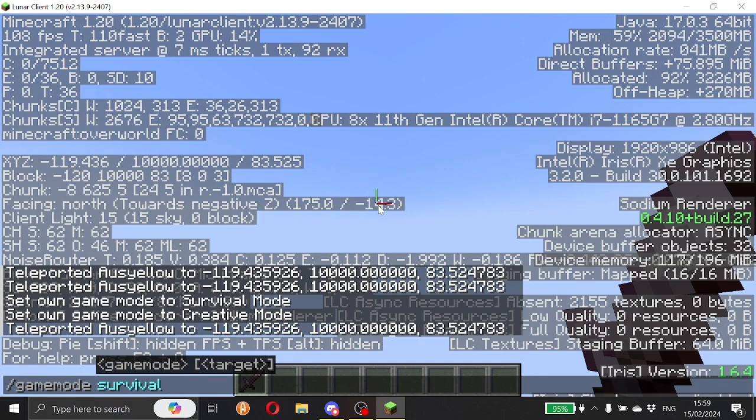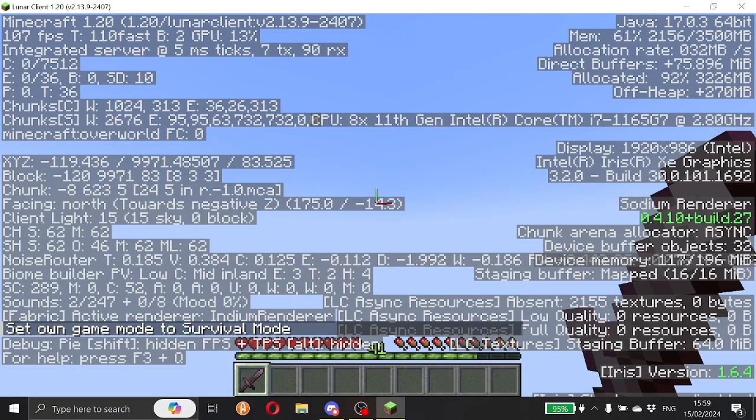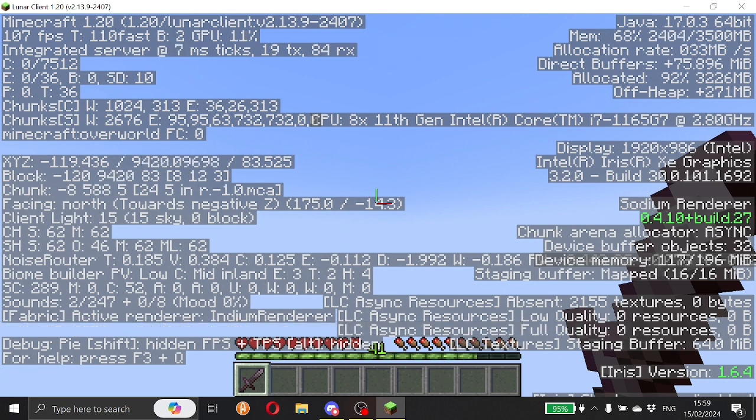game mode survival, 3, 2, 1, and there we are, decelerating at 7,500 blocks above the bedrock level. No, above the deep slate level, because that's now at y equals 0.